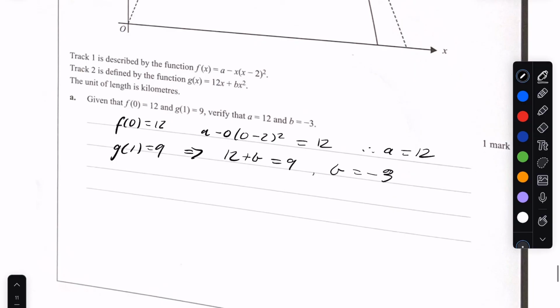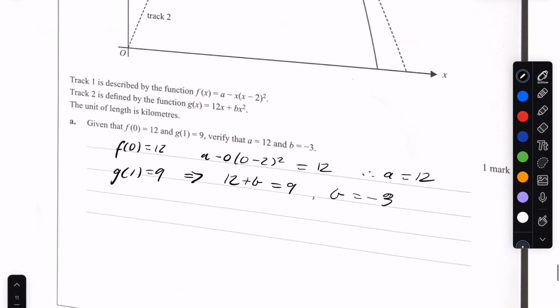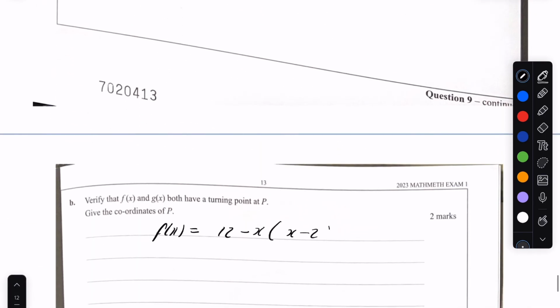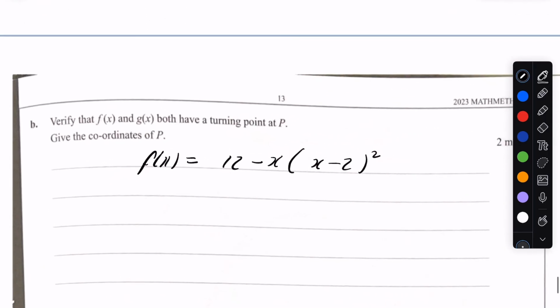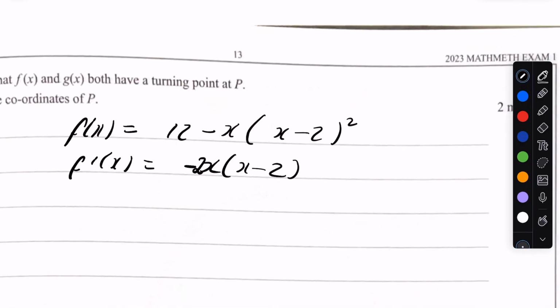f(x) is equal to 12 minus x times (x minus 2) all squared. Yeah, you probably do want to differentiate it. So f dash x is going to be equal to negative x times the derivative of this, which is 2 times (x minus 2) to the power of 1, and then minus (x minus 2) all squared.